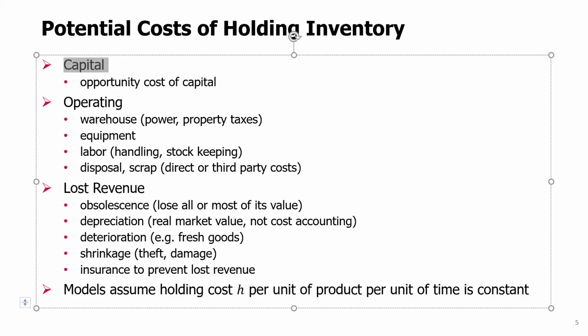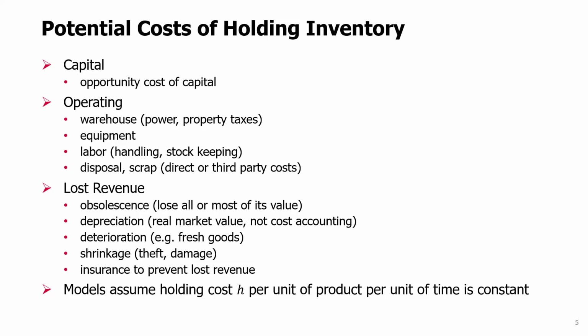Capital is an opportunity cost of capital, meaning that if you take a loan and you pay certain interest, that interest, which is usually a percentage of the value, can be considered a cost of holding inventory. Because if you could hold less inventory, you could take a smaller loan and save yourself the cost of interest.